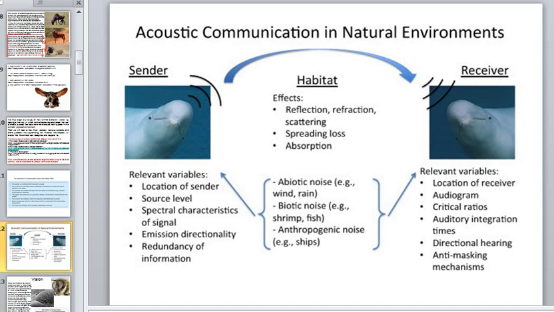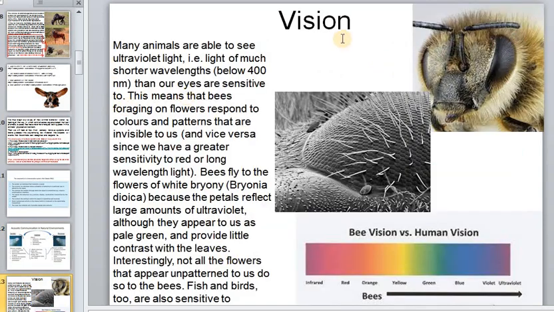Let's look at the most common sense organs and start with vision. Here we see many animals are able to see ultraviolet light, light of much shorter wavelengths than our eyes are sensitive to.